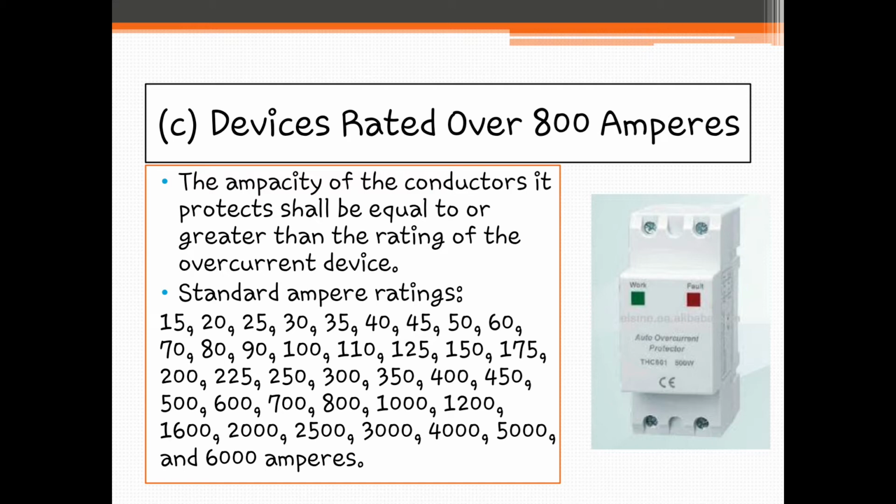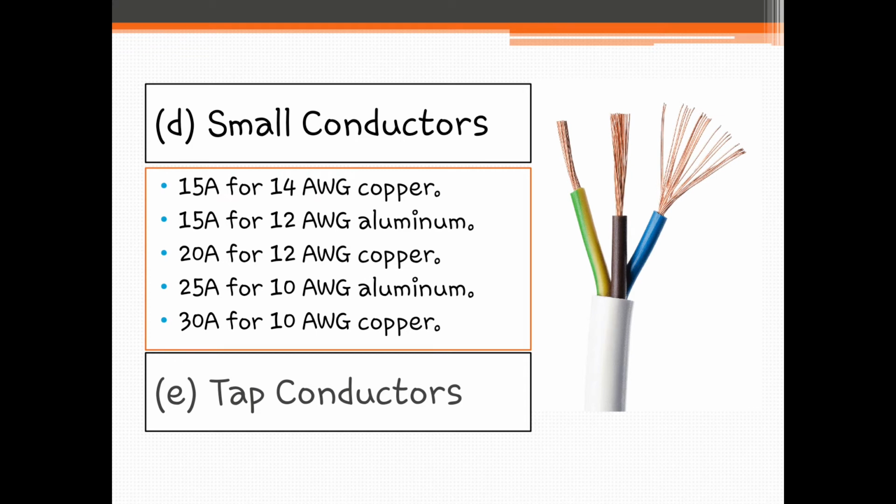So, next is small conductors. So guys, I think mali ni siya, and I'm sorry, but the right one is: overcurrent protection for small conductors shall not exceed 15 amperes for 2.0 millimeters squared, 20 amperes for 3.5 millimeters squared, and 30 amperes for 5.5 millimeters squared copper, or 15 amperes for 3.5 millimeters squared and 25 amperes for 5.5 millimeters squared aluminum and copper-clad aluminum after any correction factors for ambient temperature and number of conductors have been applied.